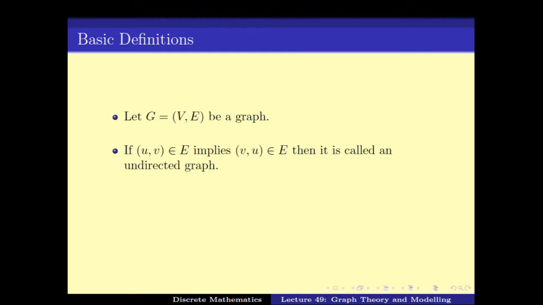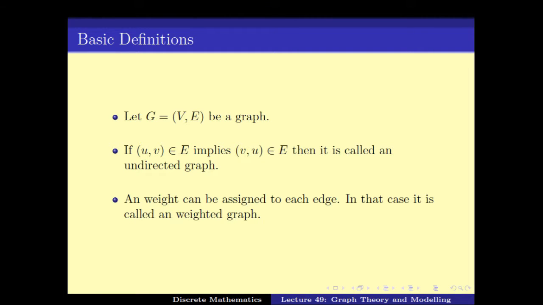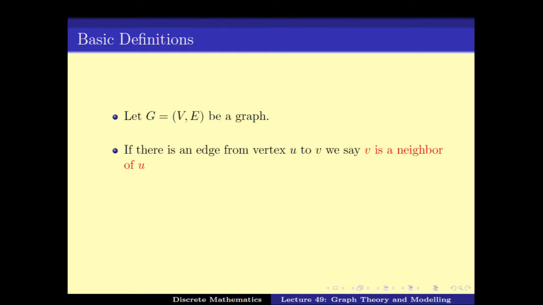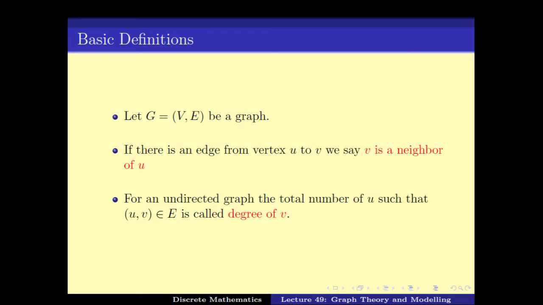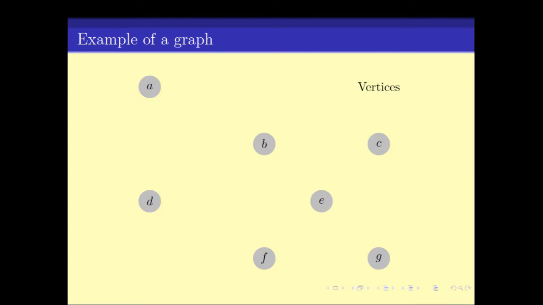If the relationship is symmetric, we call the graph undirected. We can also have weights assigned to each of the edges, and that is called a weighted graph. We have the notion of what the neighbor is and the degree of a vertex. So in fact, we represent this graph by drawing on the plane where these blobs represent the vertices.